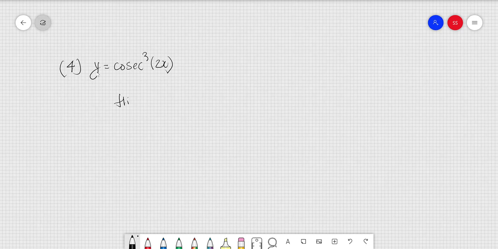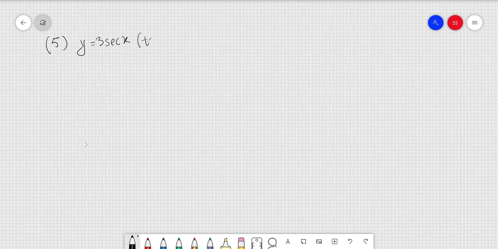Hint: you can use the chain rule, and if we have sine cubed x, then this can also be written as (sine x) whole cubed. So example number 5, we have y equals 3 sec x tan x.